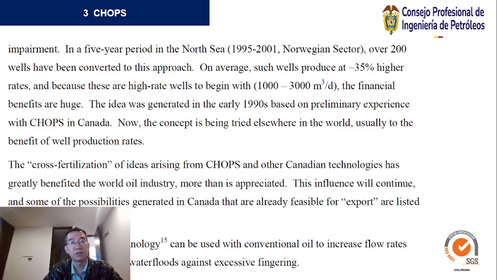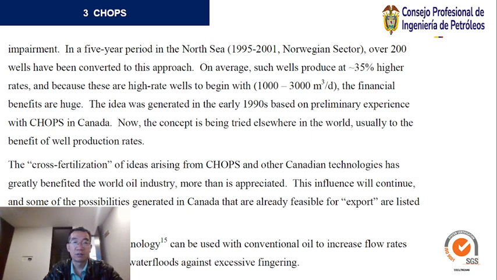In a 5-year period in the North Sea, over 200 wells have been converted to this approach. On average, such wells produce at 35% higher rates, and because these are high-rate wells to begin with, 1,000 to 3,000, the financial benefits are huge.